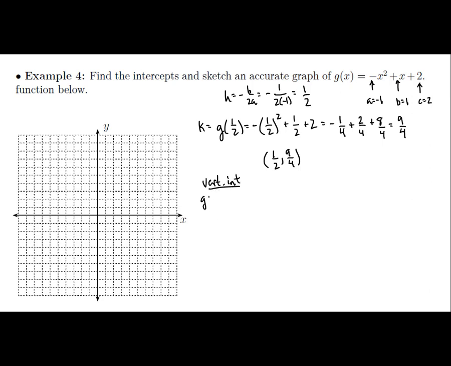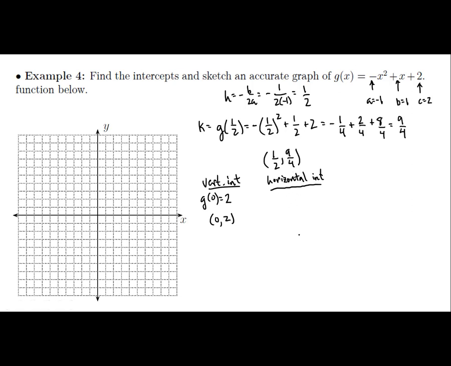All right. Now my vertical intercept is just g of 0, and I can see that that's equal to 2. So that's the point (0, 2). And then my horizontal intercepts, well, we just finished talking about the quadratic formula, and our function is already in standard form, so hey, let's just use the quadratic formula.